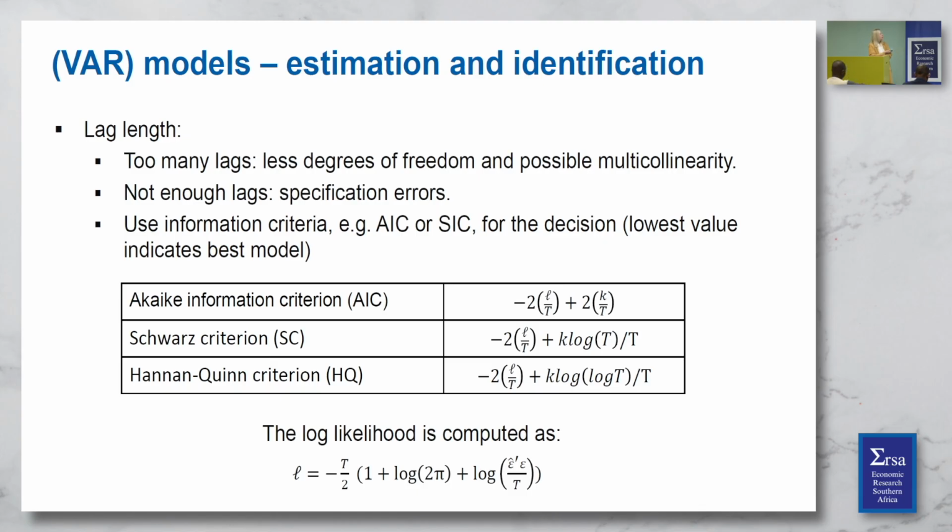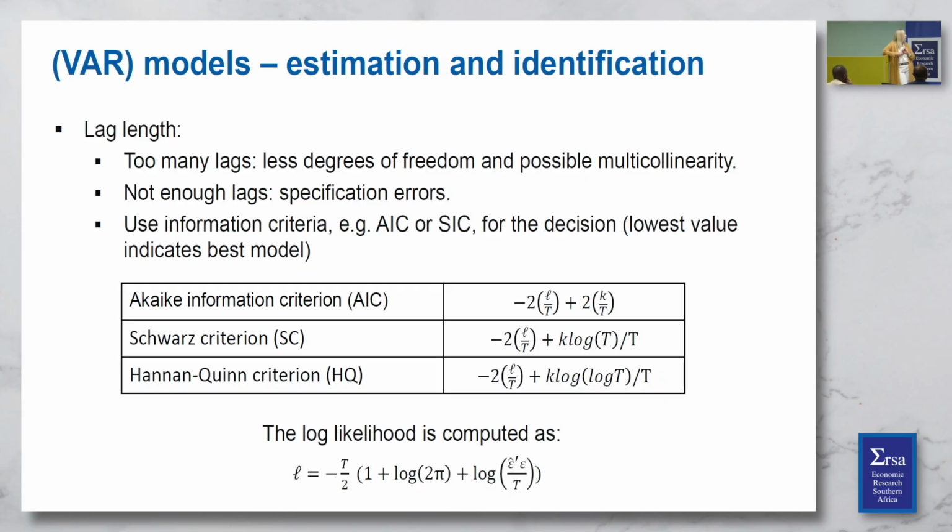We can see these are negative functions of the log likelihood. So the lowest value of all of these will tell us which order, how many lags will fit the data best.